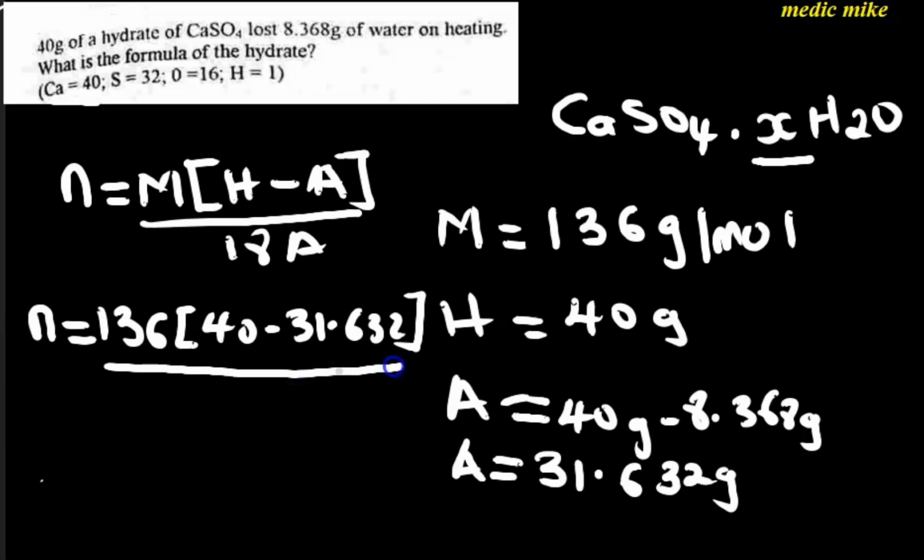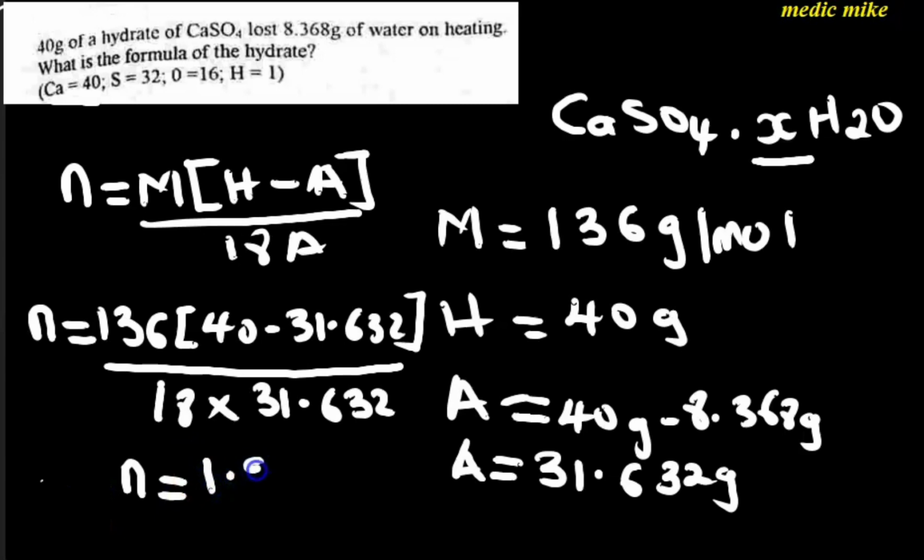all together over 18 times 31.632. So you can just punch this once in your calculator and your answer will be 1.99, which is approximately 2. So our answer is 2.